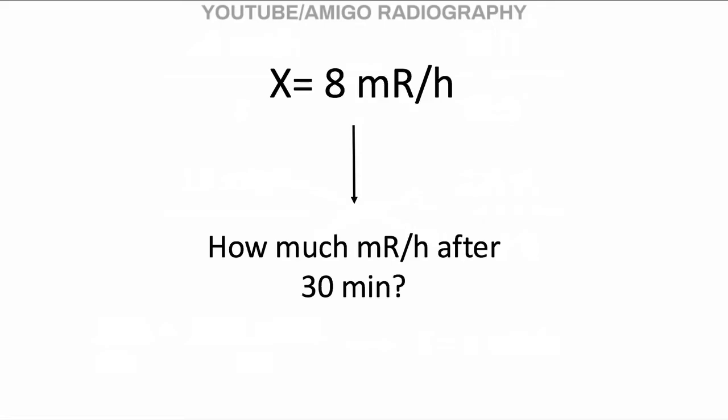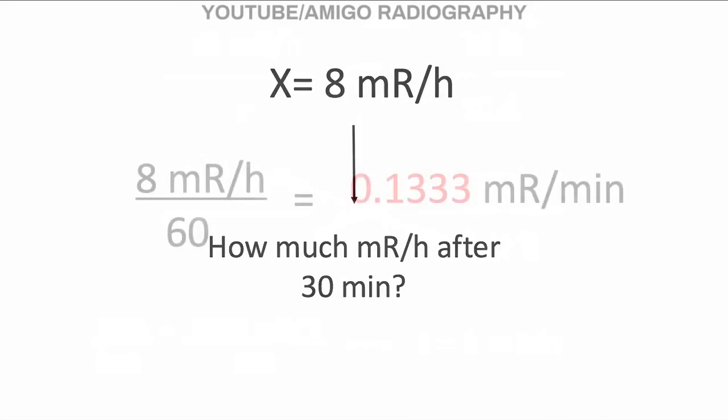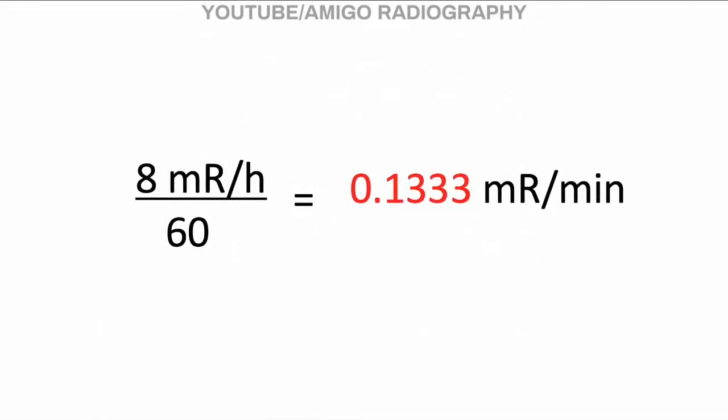Unfortunately, we're not done with the problem, since the problem is asking us how much radiation intensity the person will receive after 30 minutes. In order to finish working out this problem, we need to first divide 8 milliroentgens an hour by 60. By doing this, we'll be able to discover the milliroentgens per minute as opposed to hours.